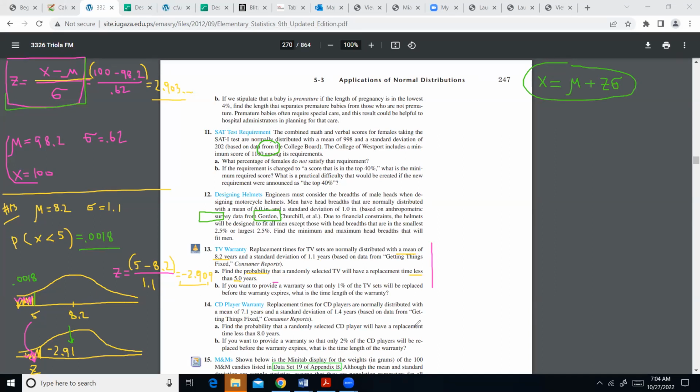So anyways, let's go back to this part B, right? Part B says, how about if you want to provide warranty to only 1%? So you notice that it's way less than before.